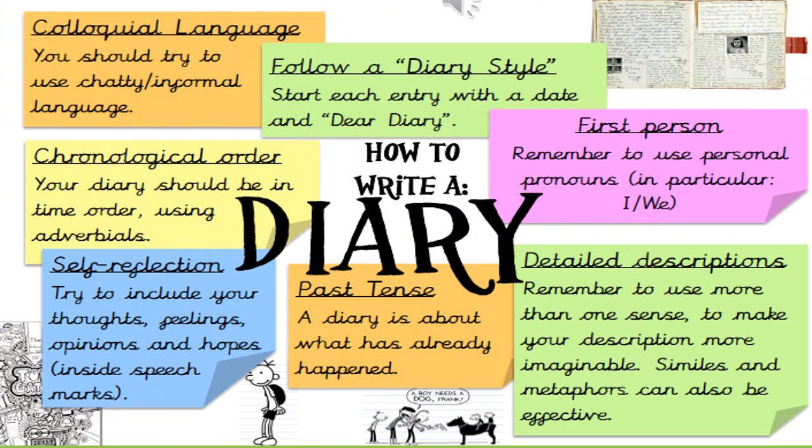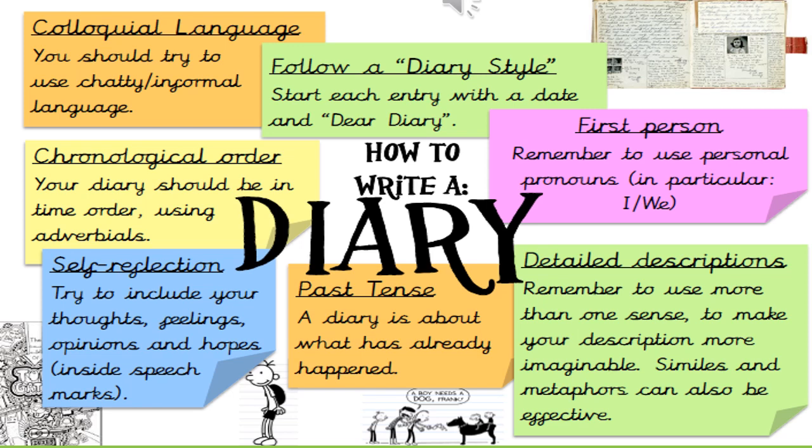As you're writing diary extracts, it's important we remember some of the features of how to write a diary. We use a diary start, which starts with a date and Dear Diary. We use colloquial, informal language. It should be in chronological order, using adverbials.